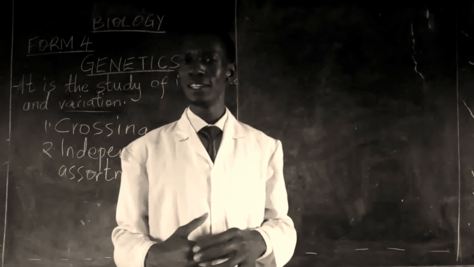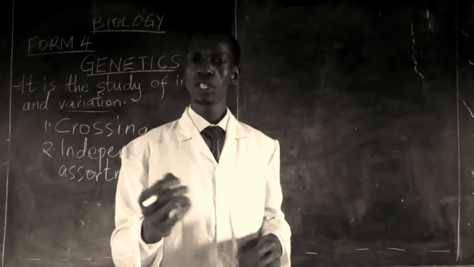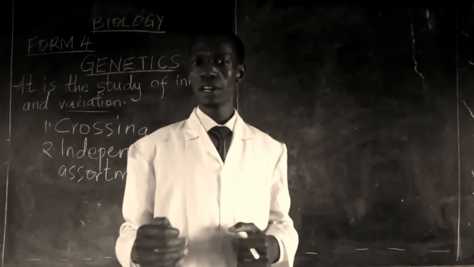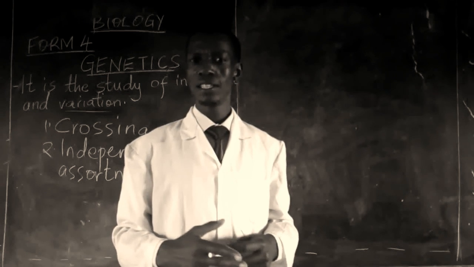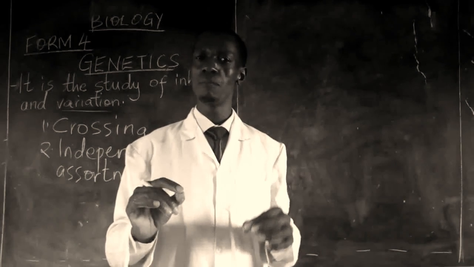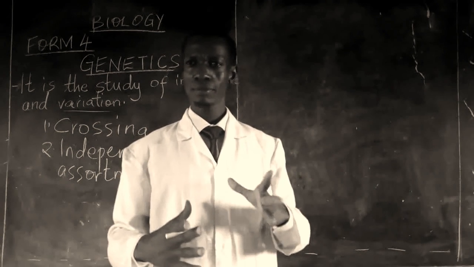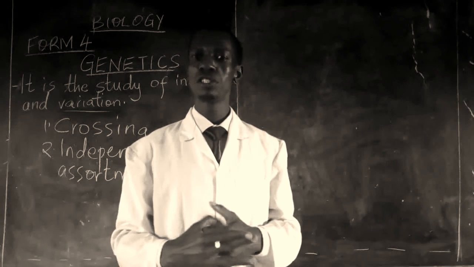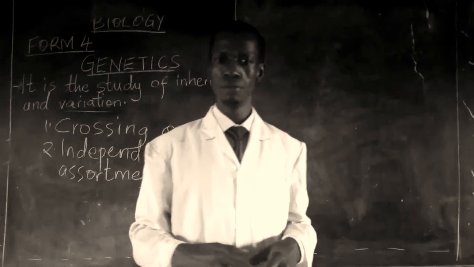Let me also talk about chromosomes. I've mentioned the word chromosomes, and I think it's also very important if you understand that the chromosomes are made up of some small single strands which are referred to as chromatids.